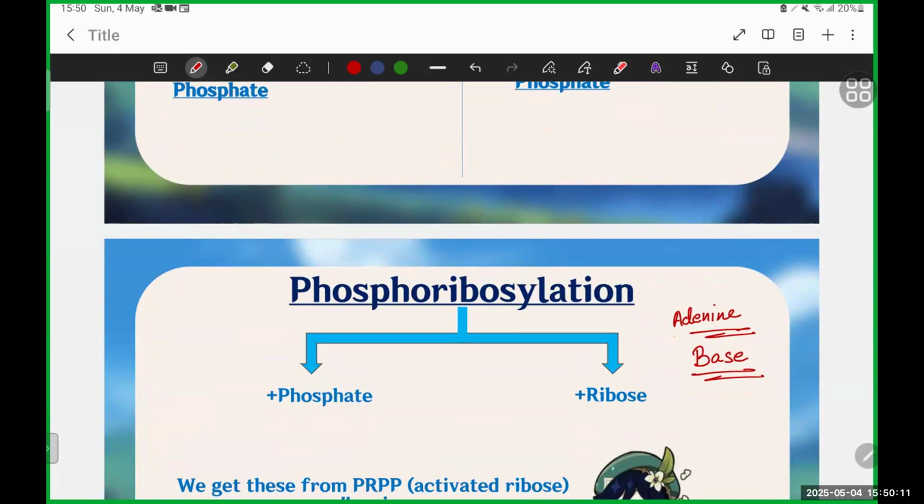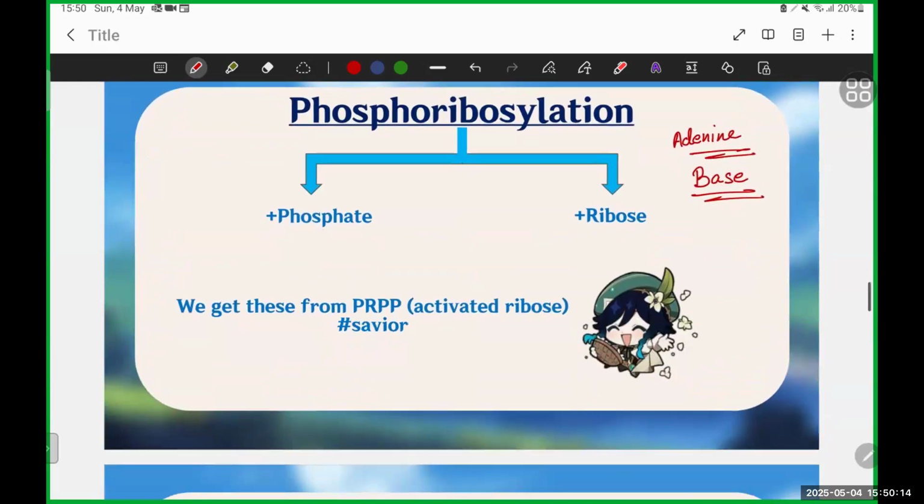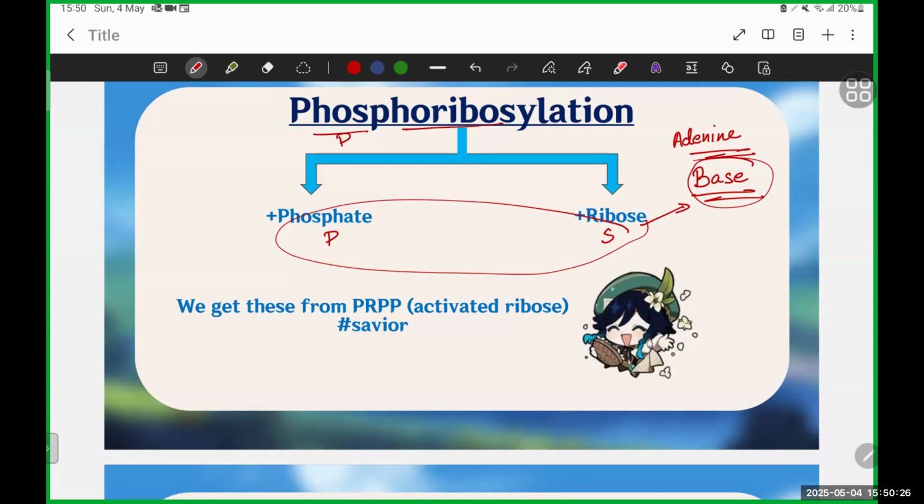That's all you're doing throughout the lecture. Now, adding the sugar and phosphate to this is called phosphoribosylation. So that's how you're going to get the nucleotide again.